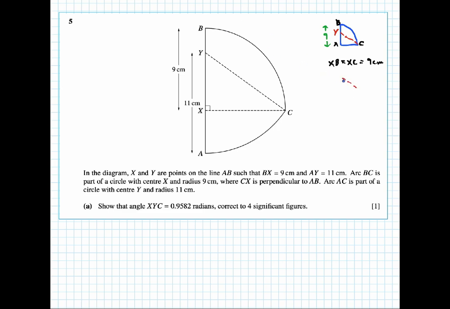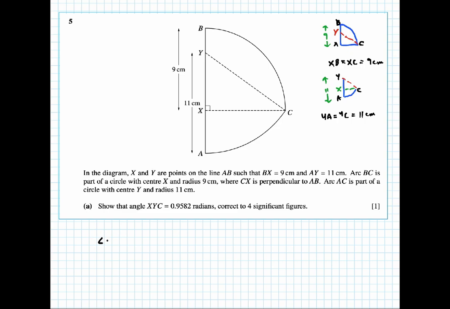Okay, same for the next one. So we have an arc. You'll see that YAC. So YA is the same as YC. And we also have that X line in there as well, which is in a way designed to put you off, perhaps. So showing that the angle XYC is equal to what's given there is actually not that much work, just once you recognize these two facts here.